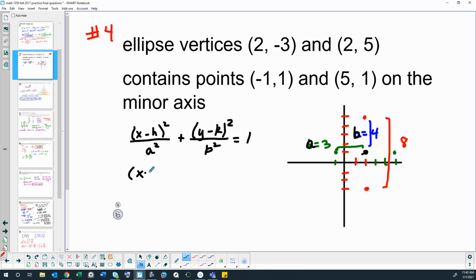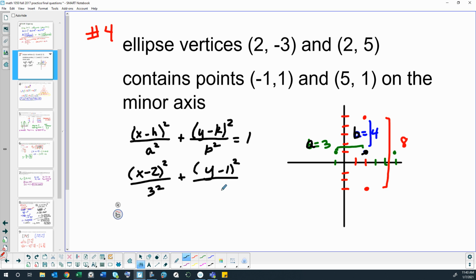So it's going to be x minus 2 squared over 3 squared. Plus, and it's plus rather than minus because it's an ellipse, not a hyperbola. So then we go y minus 1 squared for the other value from the center.